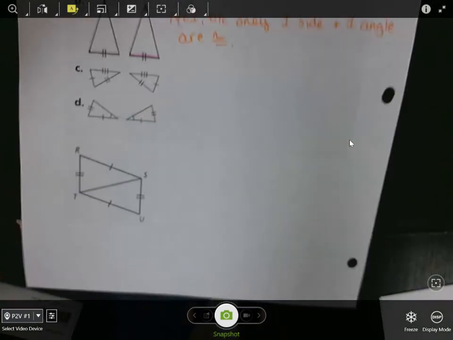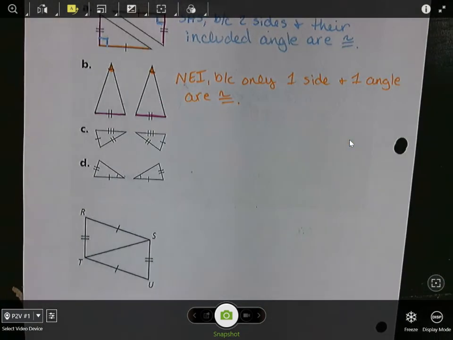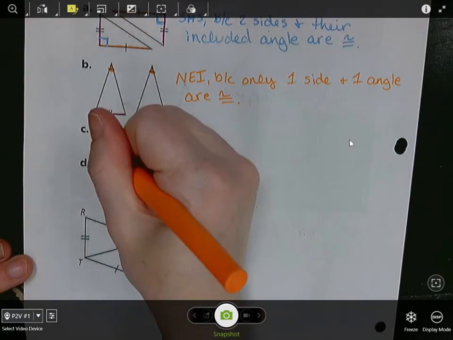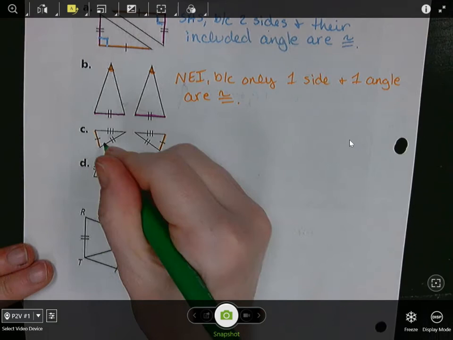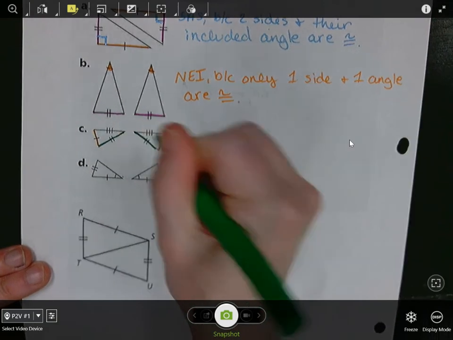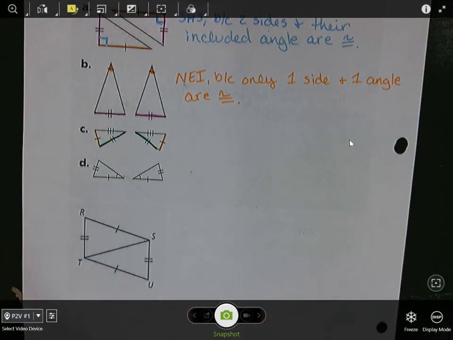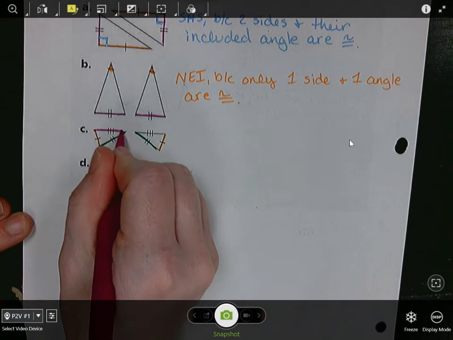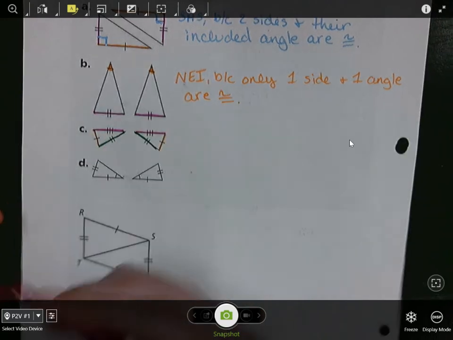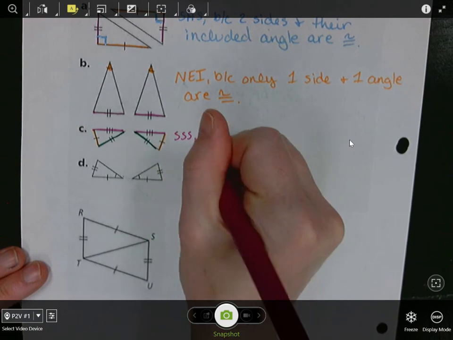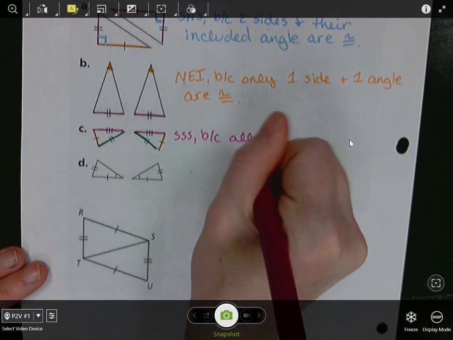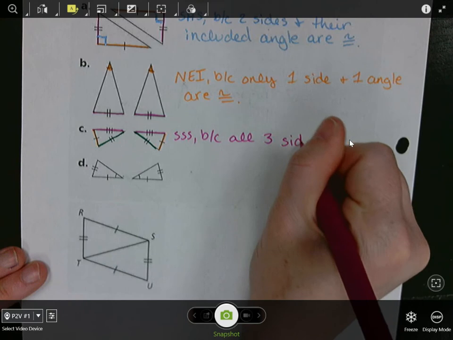Okay, part C. This side and this side are congruent. This side and this side are congruent. And this side and this side are congruent. So all three sides are marked congruent. So we would say side, side, side, because all three sides are congruent.